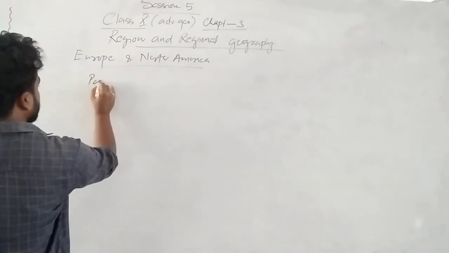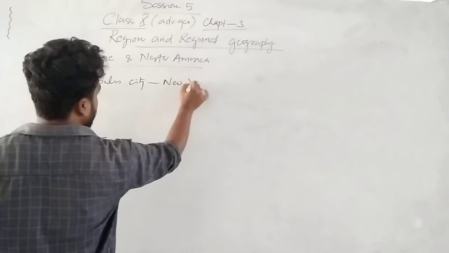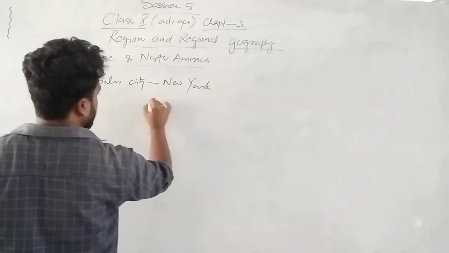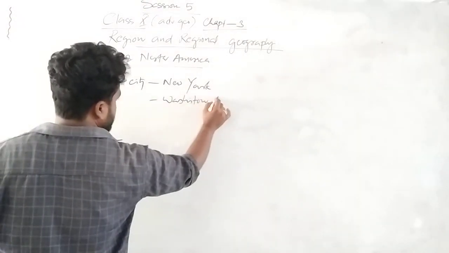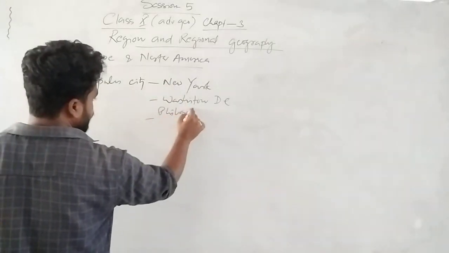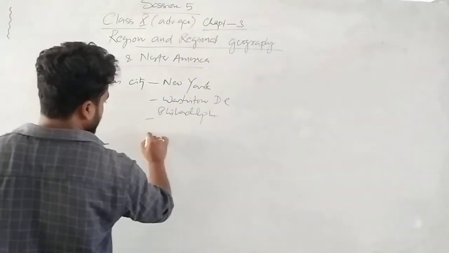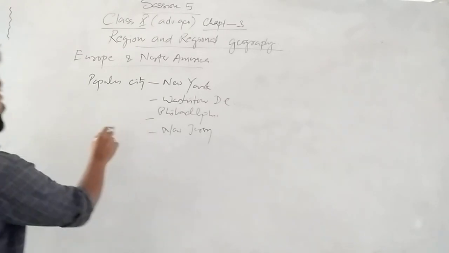Most populous city is New York. Washington DC second, Philadelphia, New Jersey. These are actually the populous cities in North America.